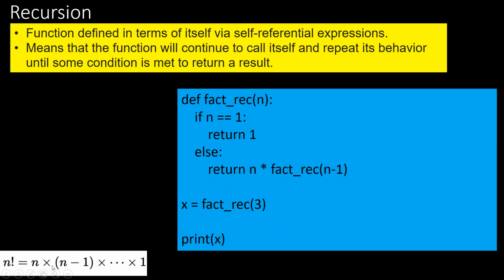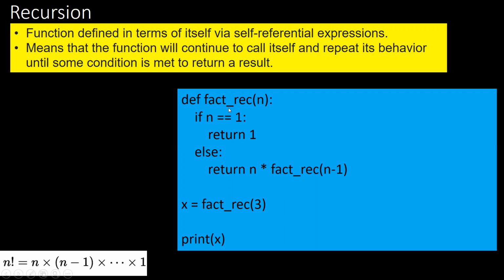So n multiplied by n minus 1, then multiplied by n minus 2, and so on. This is the factorial. Now we have converted this factorial into a program.